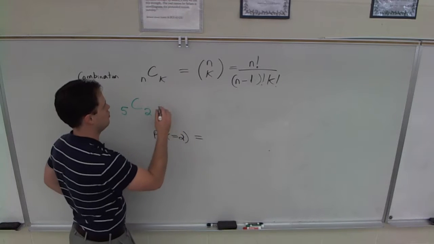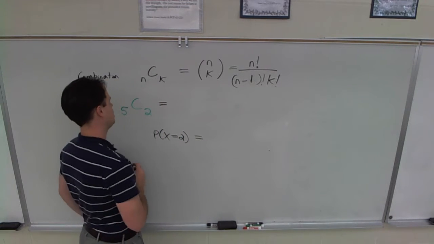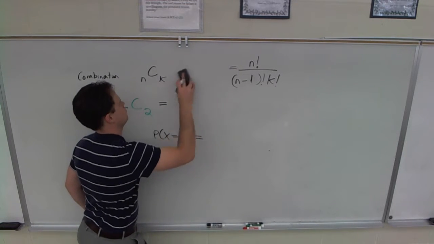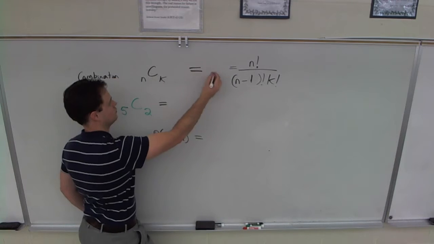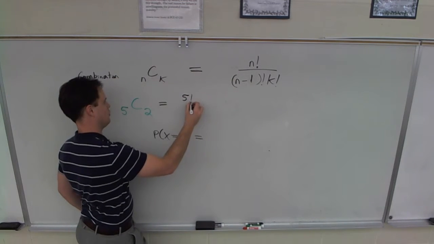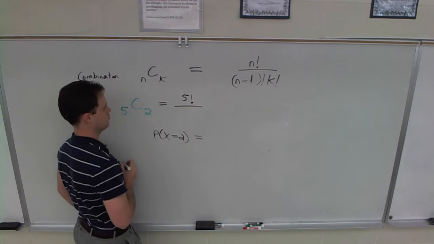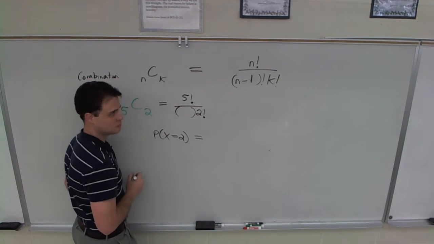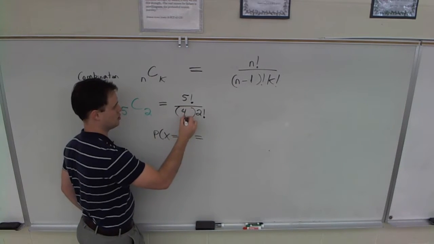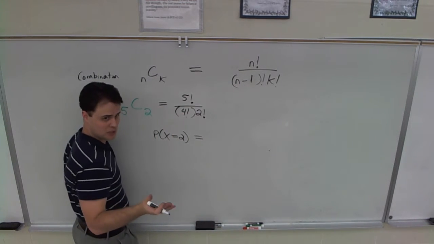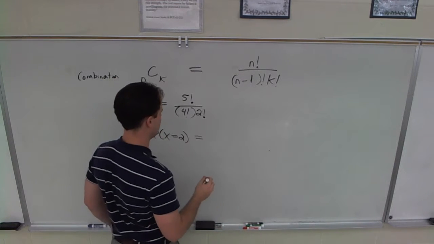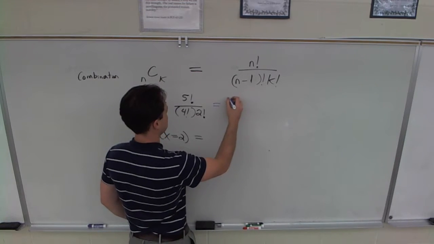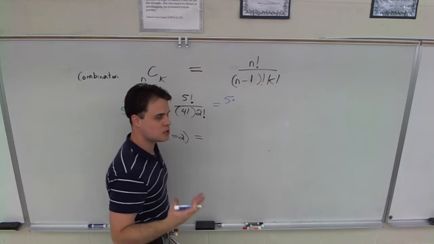So let's write this out with the longhand formula and then check it with our calculator. So that's going to be what? 5 factorial over 2 factorial, and this is the part we're not sure about. If it's minus 1, then this will be 4 factorial. It's supposed to be 10, right? Does this work out to 10? I don't know. Factorials are nice things. They do all kinds of nice simplifying. For instance, 5 factorial is 5 times 4 times 3 times 2 times 1.